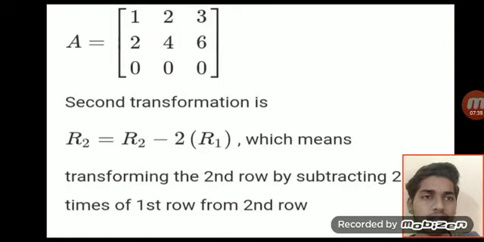And we will go into the second transformation with R2: R2 = R2 - 2R1, which means transforming the second row by subtracting 2 times the first row from the second row.